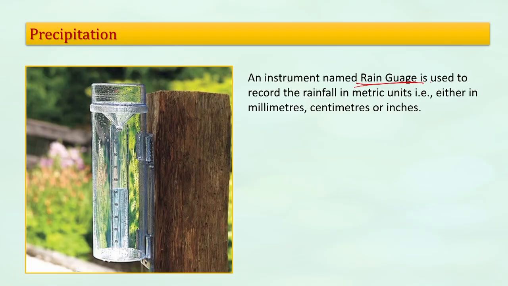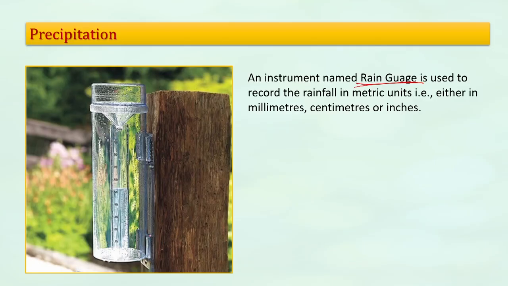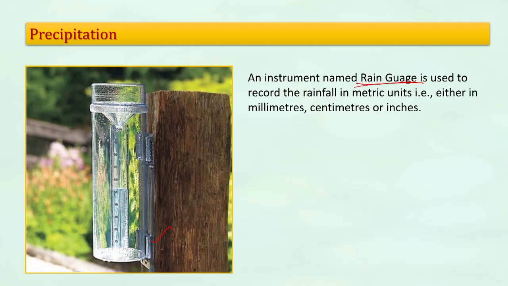Usually all the districts in India have district headquarters, and even nowadays taluk headquarters have rain gauge instruments maintained by the public welfare departments. This is a real-time rain gauge. There is a small glass and a measuring unit in that. Using this instrument, we can come to know how many centimeters of rainfall we have received in a particular place.